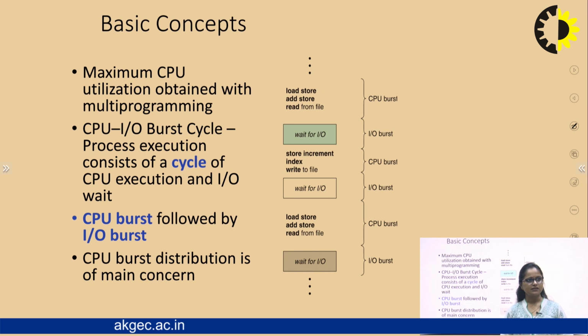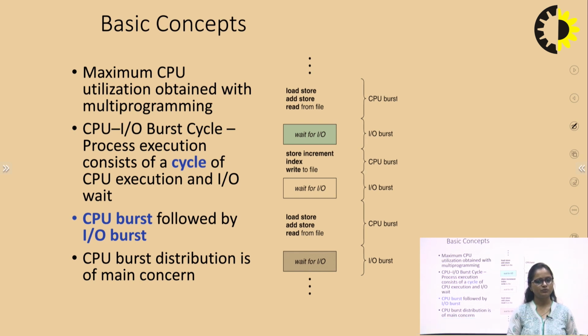So maximum CPU utilization is obtained with multi-programming, and this is only possible when we have a CPU burst cycle and an input output burst cycle. First we start with a CPU burst, in which we load, add, store, read from file, and then wait for input output, and again a CPU burst, and again an input output burst.